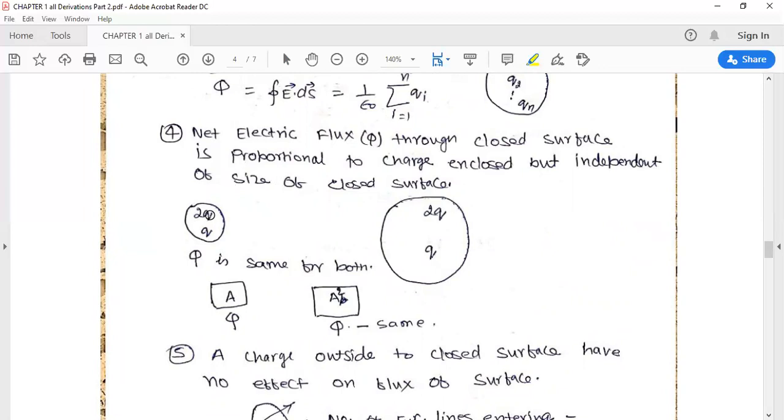Suppose this sphere has this much area and the other sphere has this much area, but both have charges Q and Q. Phi will remain the same for both because it does not depend on area. Suppose this area is A here and there it is A square; it doesn't depend on area, so phi will remain the same.